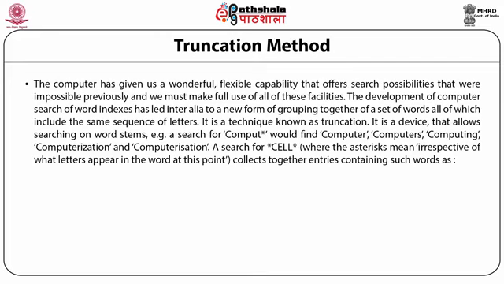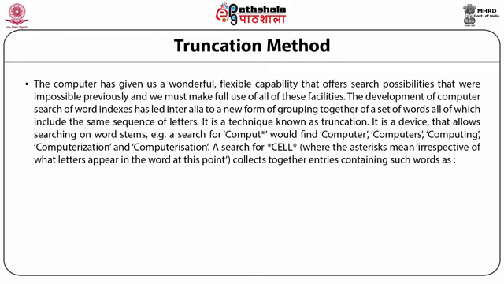Its technique is known as truncation. That is, to leave aside some words and keeping some root words together. It is a device that allows searching on word stems. For example, a search for compute, C-O-M-P-U-T, would find computer, computers, computing, computerization, and also computerization in other spellings.